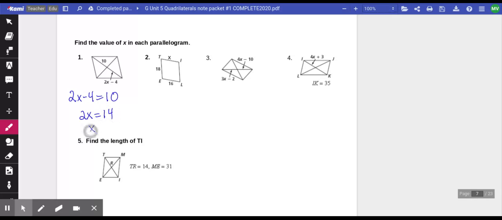So that means x equals 7. In number 2, we know that opposite sides are congruent. So that means x equals 16. Number 3, we know the diagonals bisect each other. So that means that 3x minus 2 equals 4x minus 10.